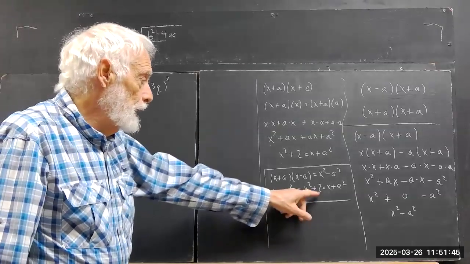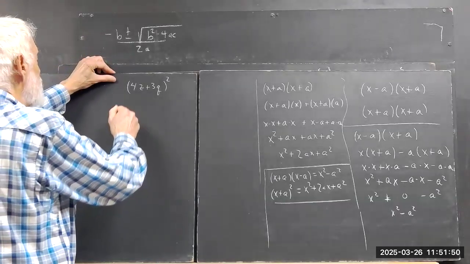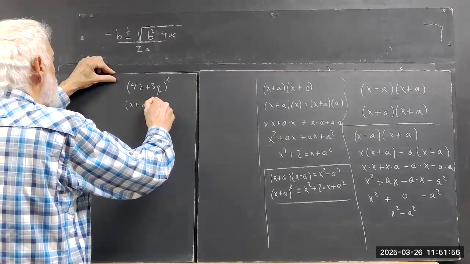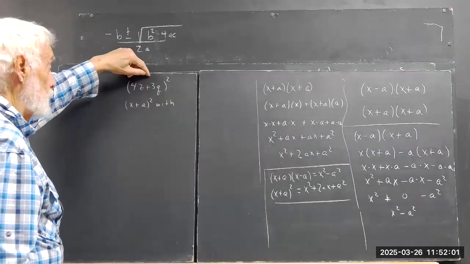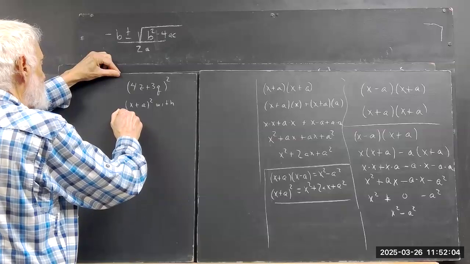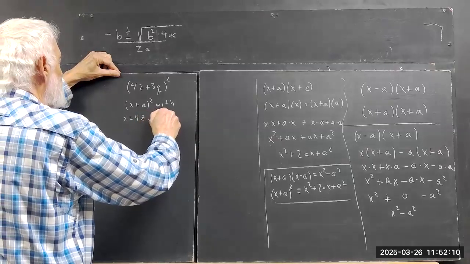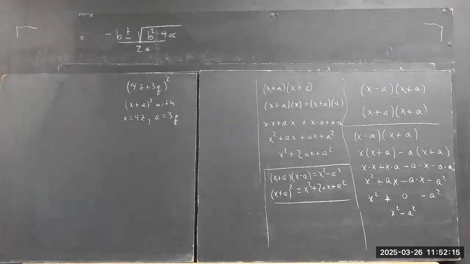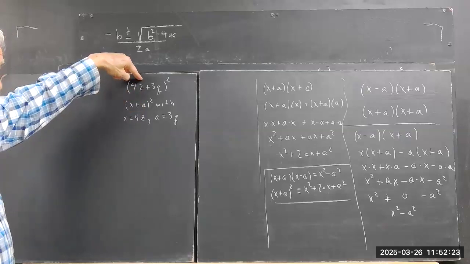I can use this pattern. This is like x plus a squared with x equal to 4z and a equal to 3q. In other words, if I replace x with 4z and a with 3q, I get this.